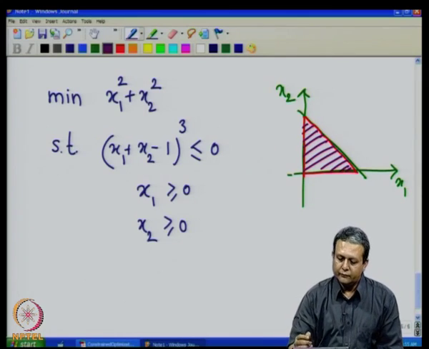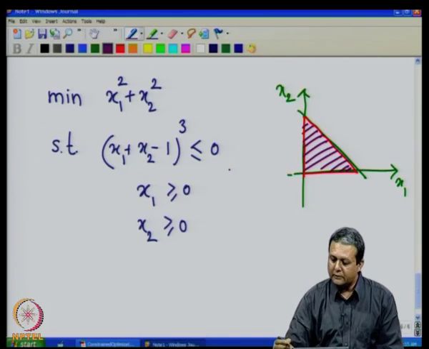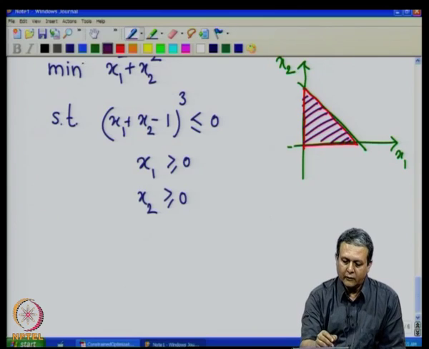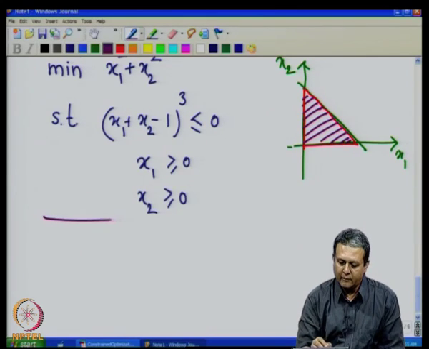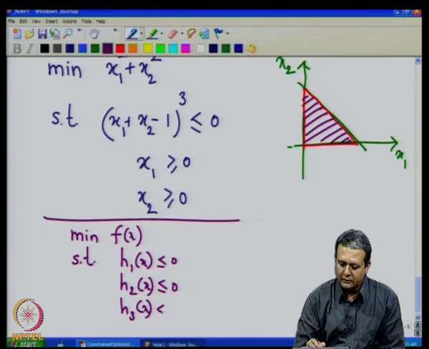and now if we write the problem as minimize f x subject to h1 x less than or equal to 0, h2 x less than or equal to 0, and h3 x less than or equal to 0.